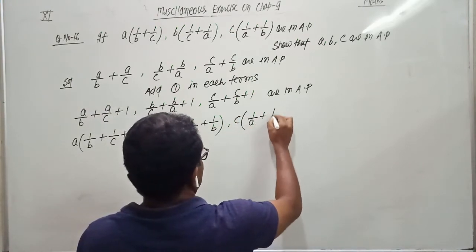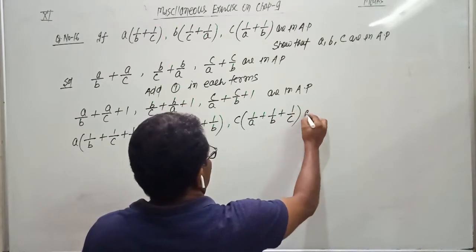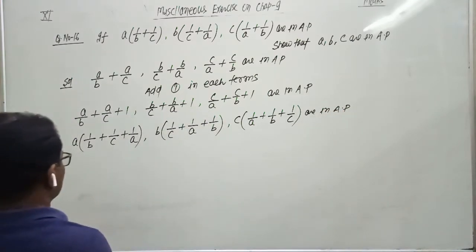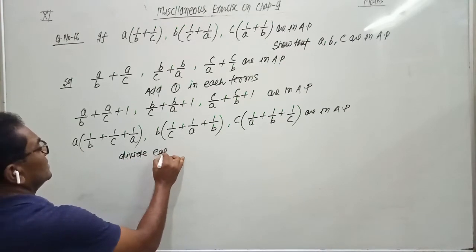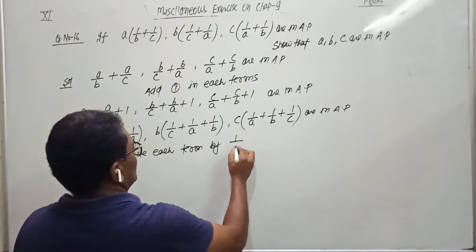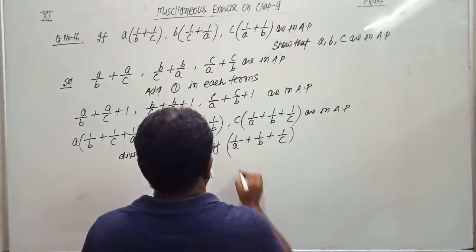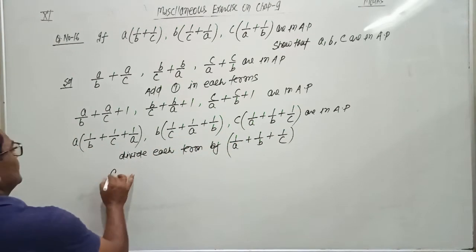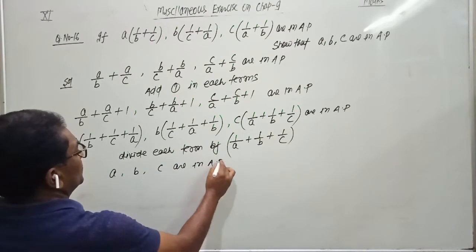So c into (1 by a plus 1 by b plus 1 by c) are also in AP. Now divide each term by 1 by a plus 1 by b plus 1 by c. So all the terms containing brackets get cancelled and it comes a, b, c are in AP, which we had to prove.